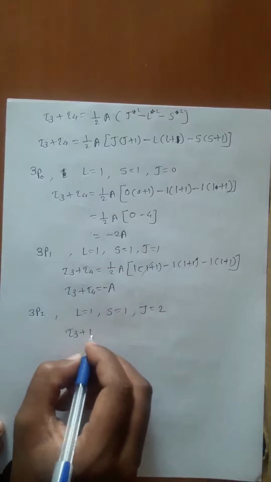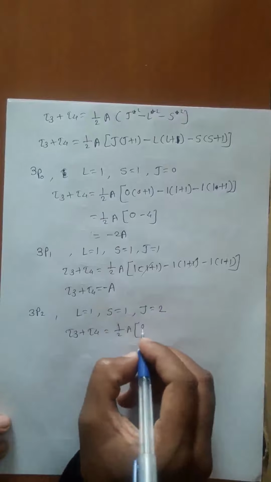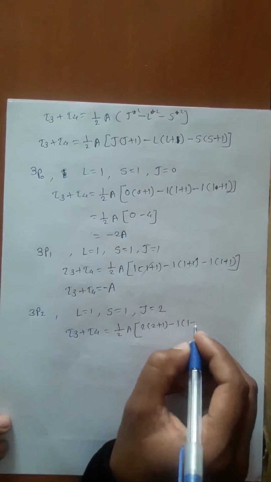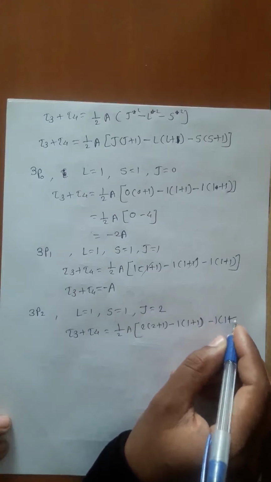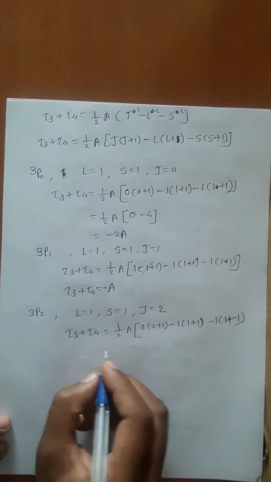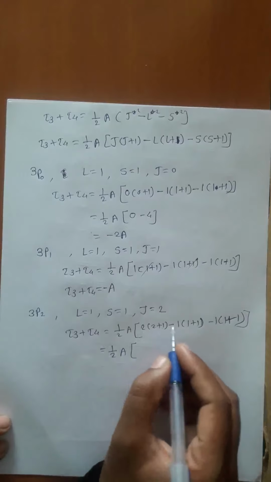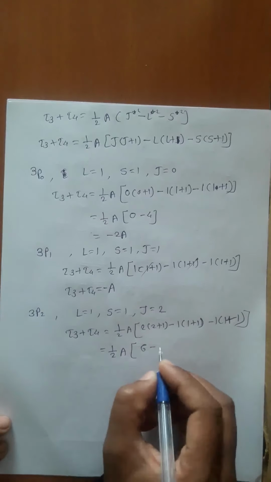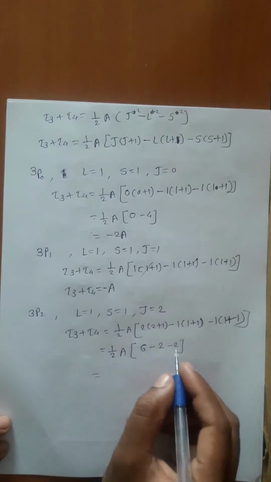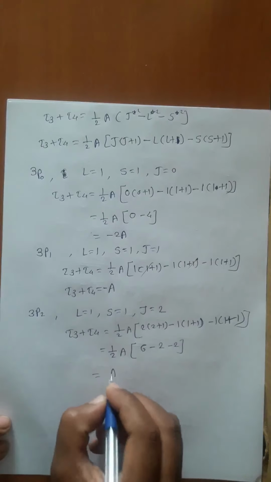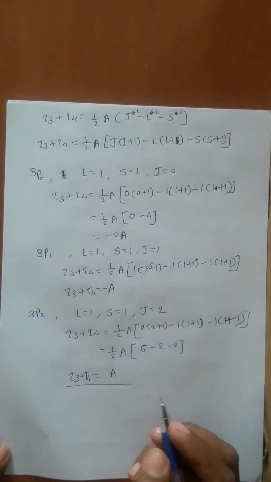Therefore tau 3 plus tau 4 is equal to 1/2 a into [2 into 2 plus 1 minus 1 into 1 plus 1 minus 1 into 1 plus 1], which is 1/2 a into 6 minus 2 minus 2, that is 6 minus 4, equal to 2. This 2 gets cancelled here, therefore tau 3 plus tau 4 is equal to a.